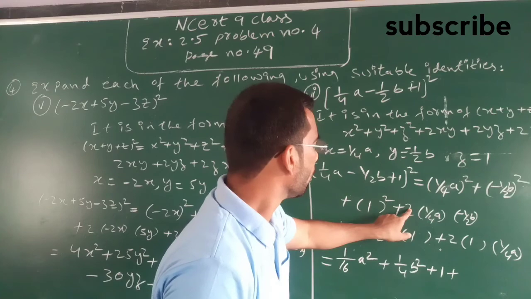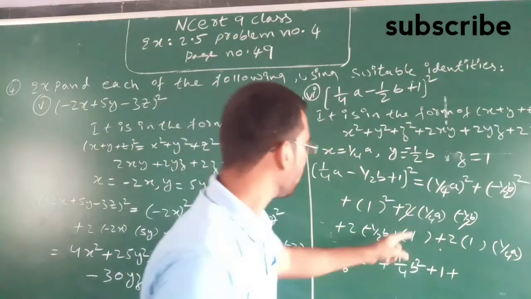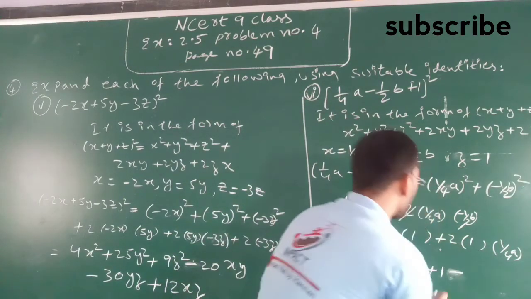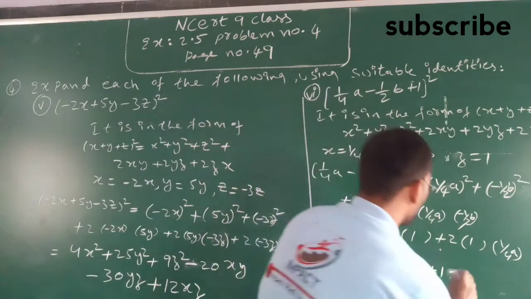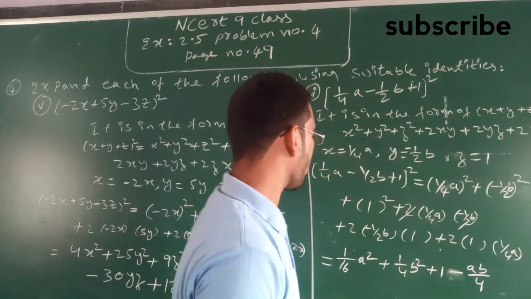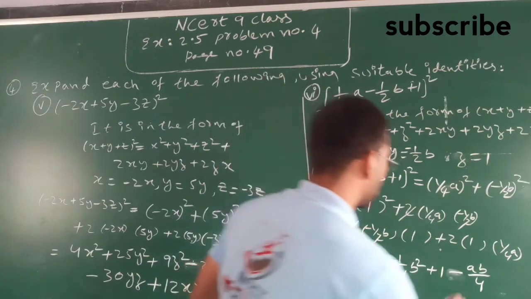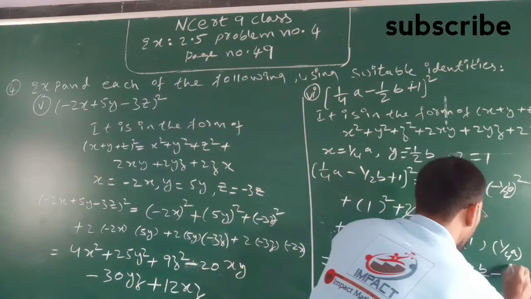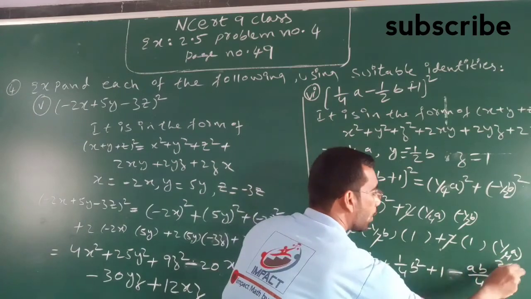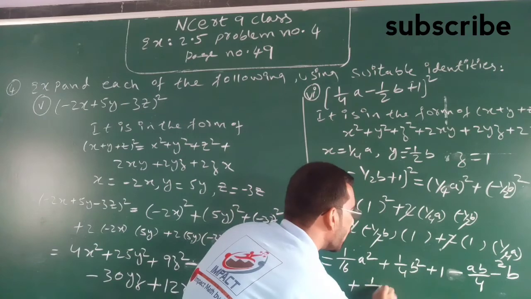Plus 2, these 2 and 2 get cancelled, no problem. So plus into minus, ab by 4. Next 2 cancels, plus into minus b, next 2 ones are 2, 2 twos are 4, then it will be plus 1 by 2a.